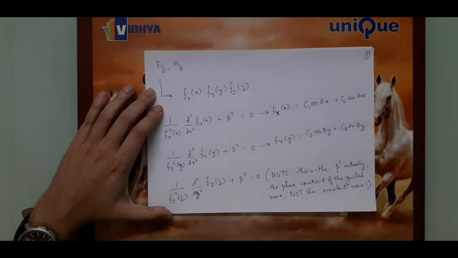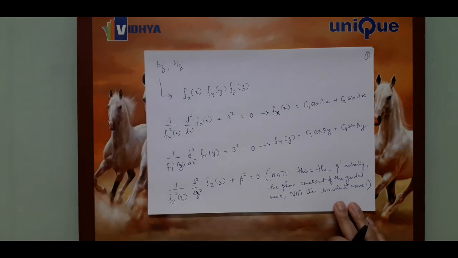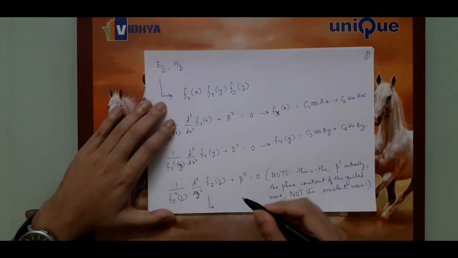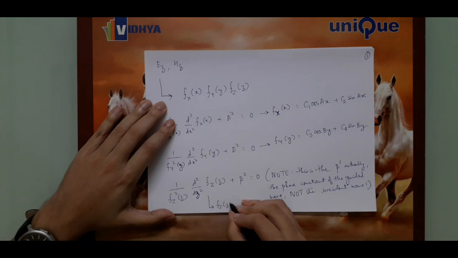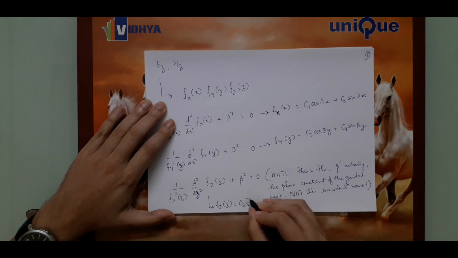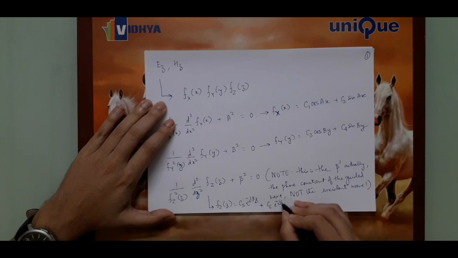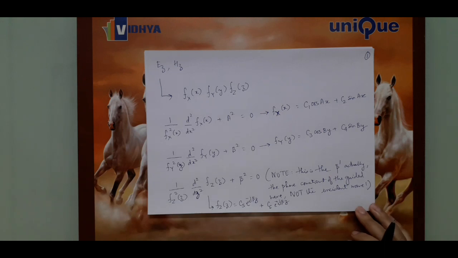And in this case we shall choose the exponential solution, because that is what is going to constitute a traveling phenomenon. So therefore we had chosen Fz this way. That is what we had done.